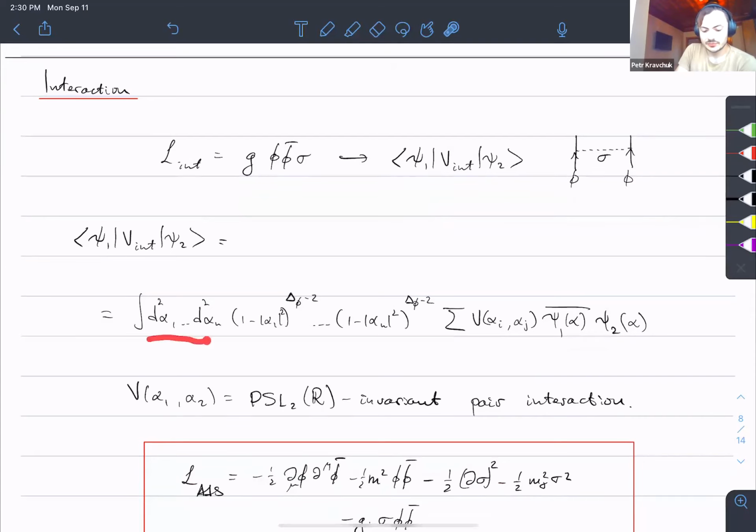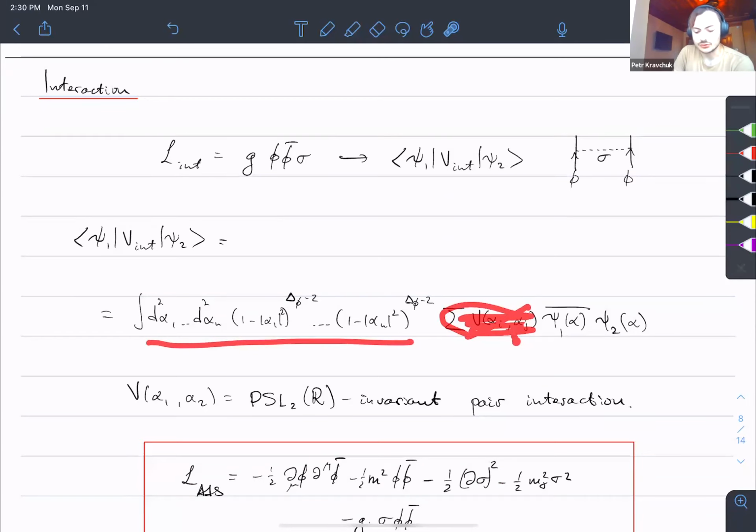You expectedly have some measure, and this measure is such that if you didn't have this factor here, then this would be just the inner product of these polynomials that you should use.